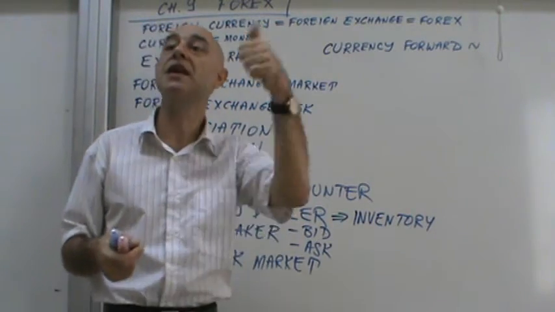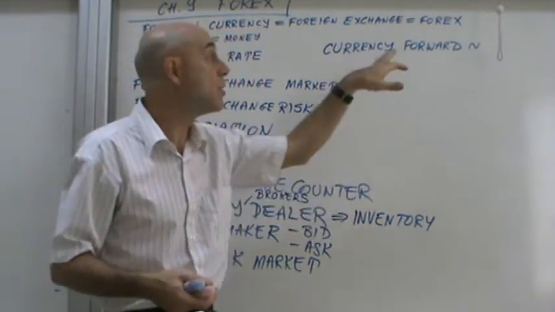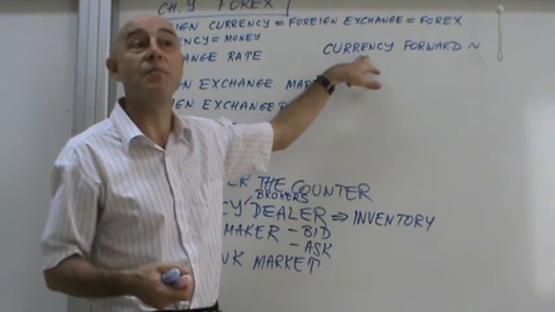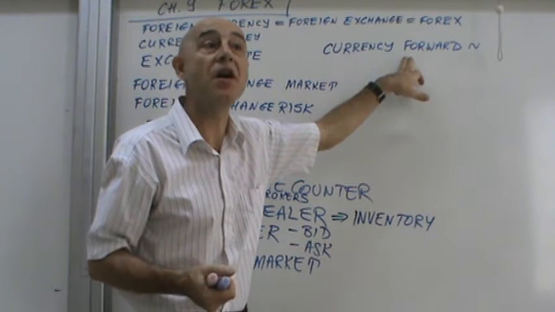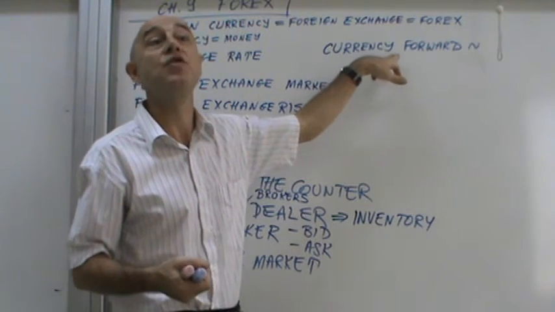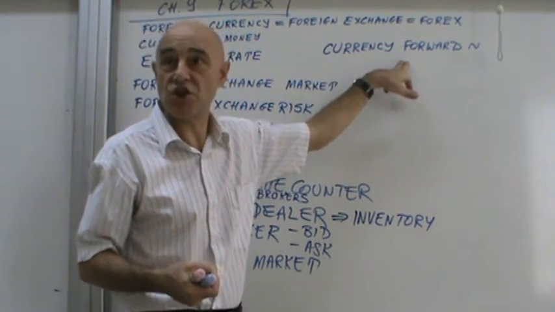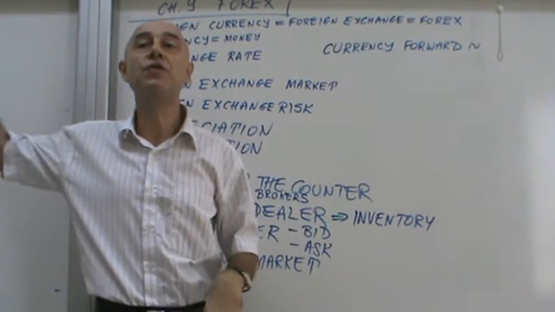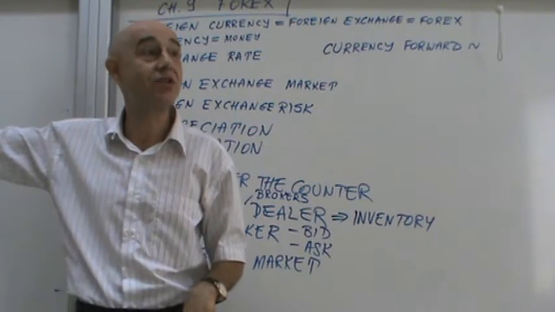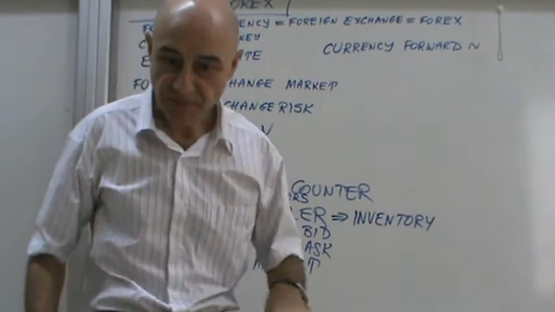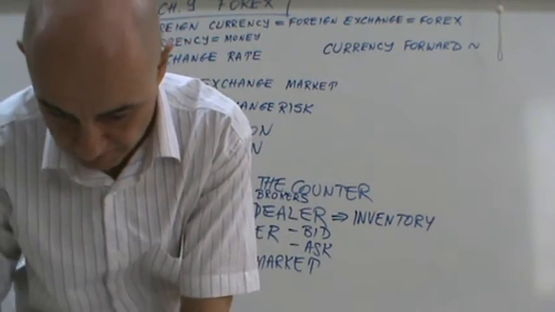And then you take the yen and give it to Honda. You make the payment to Honda. So currency forward market is a market where today you fix the price, the exchange rate for a future date. Could be 30 days, could be 60 days, 90 days, or 180 days. So that's the forward market.